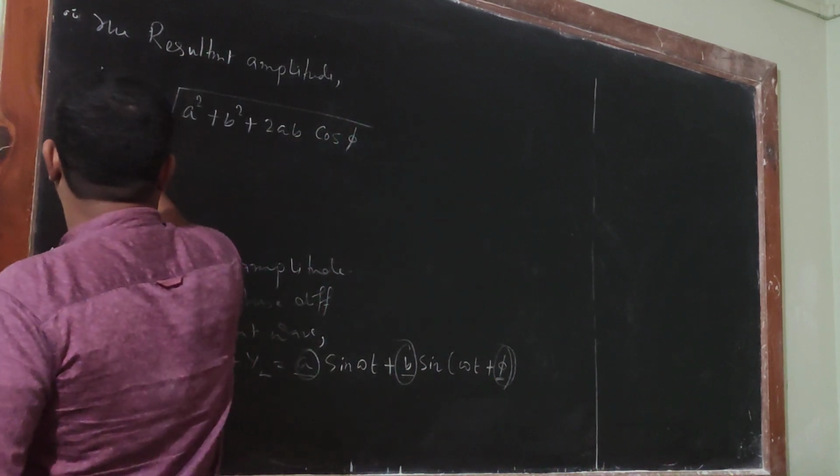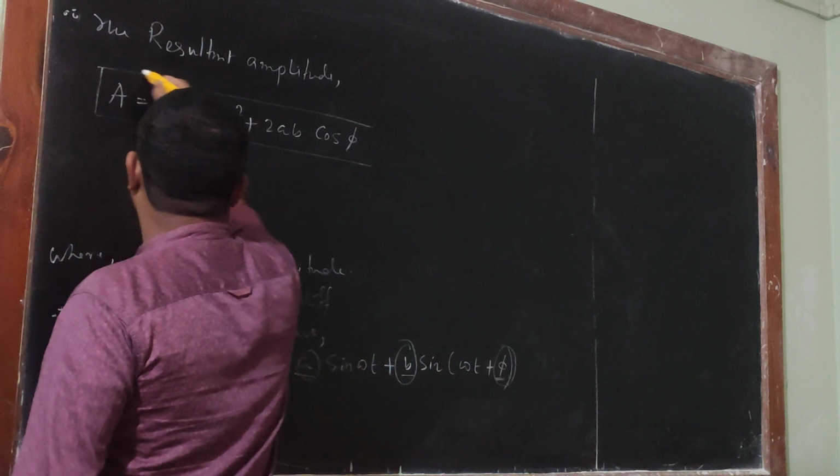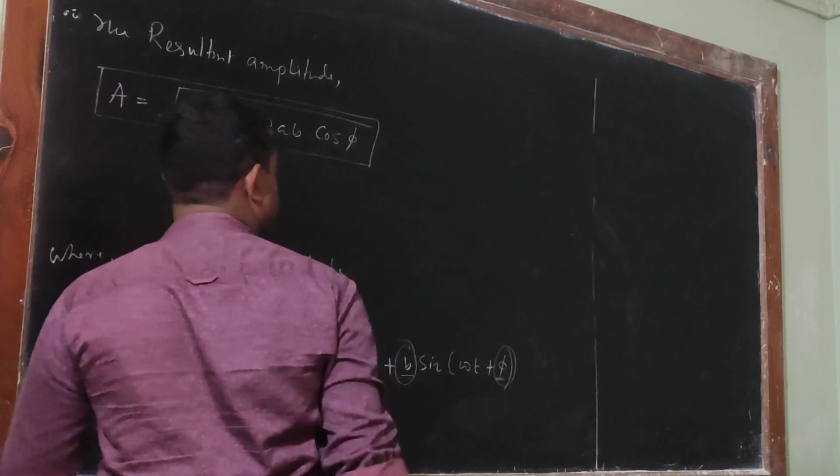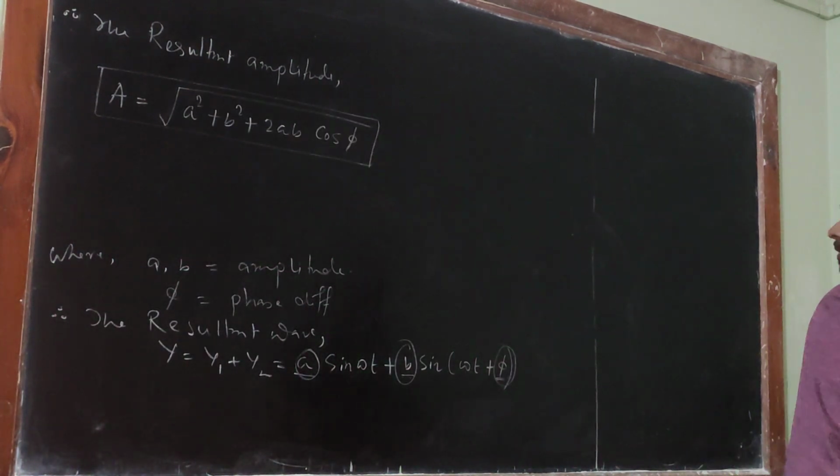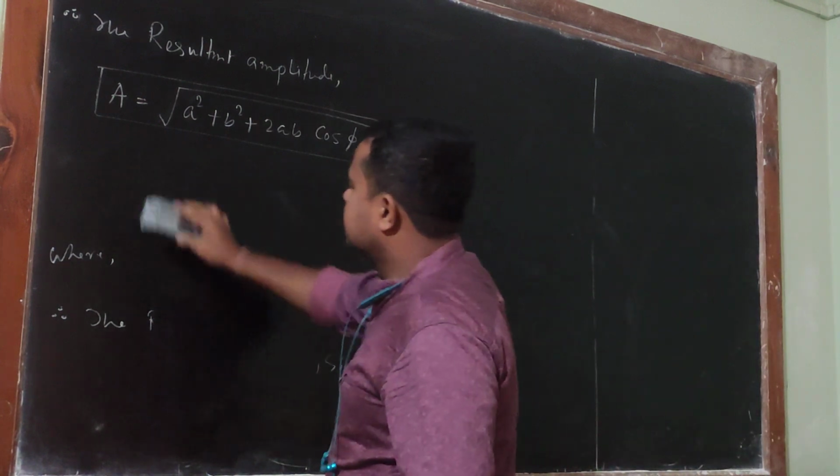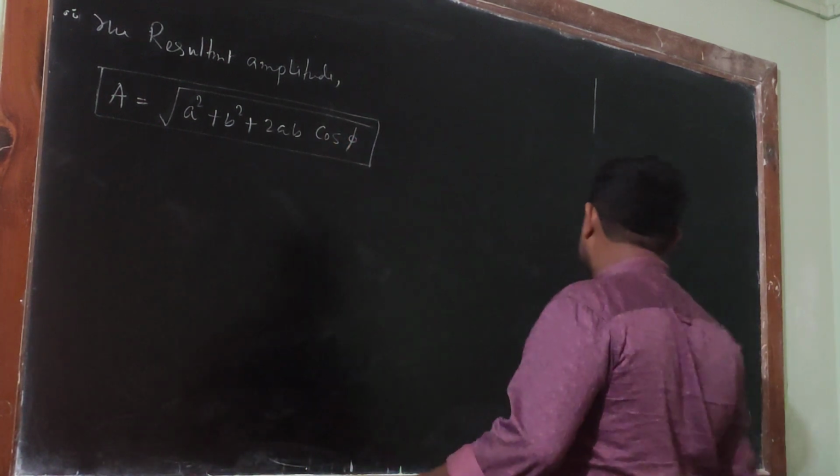So this is the expression for resultant amplitude. Now if you know the resultant amplitude, you can find out the resultant intensity.